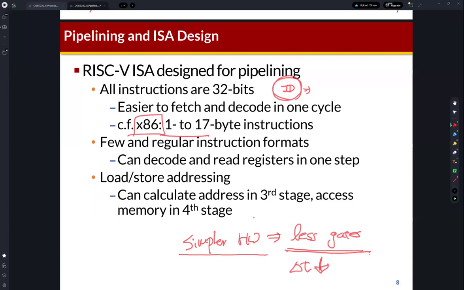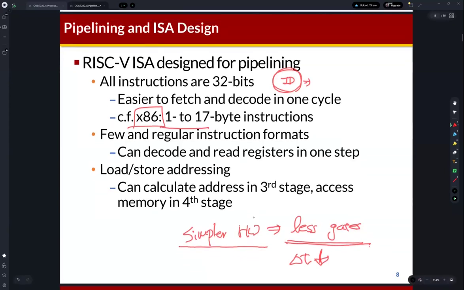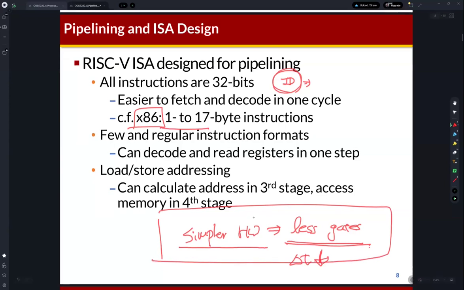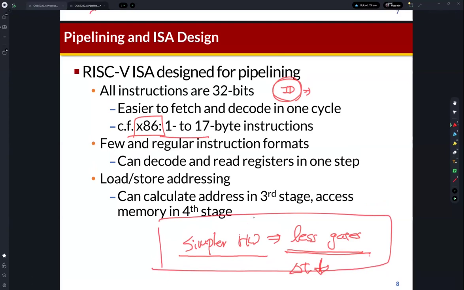That's why the x86 CPU also exhibits very high performance. But you can understand that simpler hardware includes fewer gates, so we can reduce the delays, right?